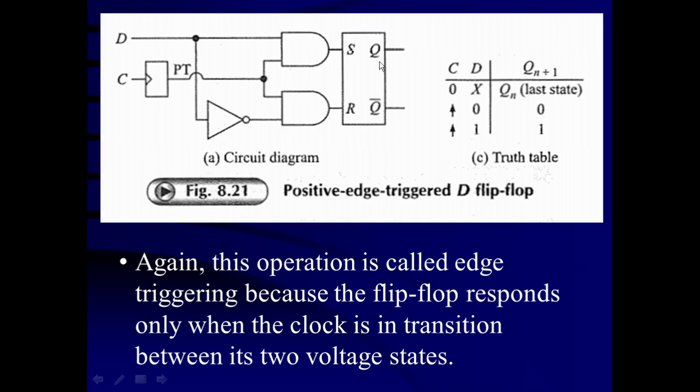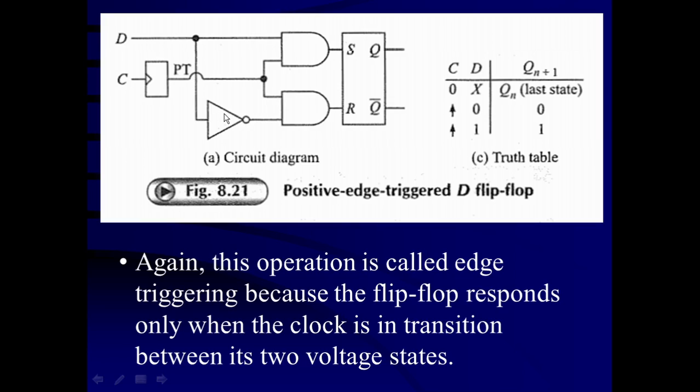This is your basic RS flip-flop, and this is the basic RS flip-flop using two AND gates. We can convert it to the gated or clock RS flip-flop. Now between the S input and R input, we have introduced an inverter, a NOT gate.